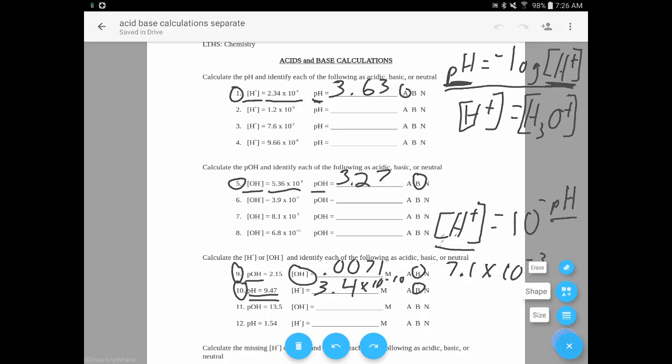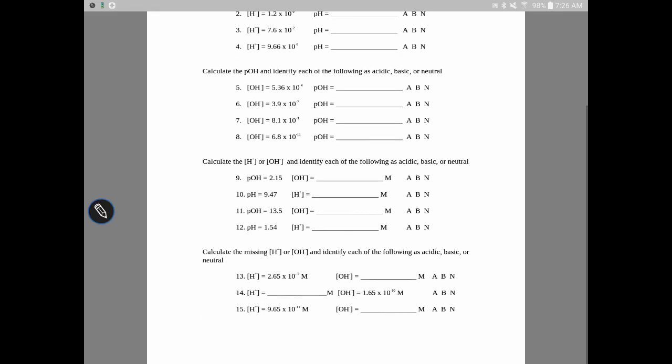All right, we're going to get rid of all this stuff so we can scroll down a little bit and do these last ones.